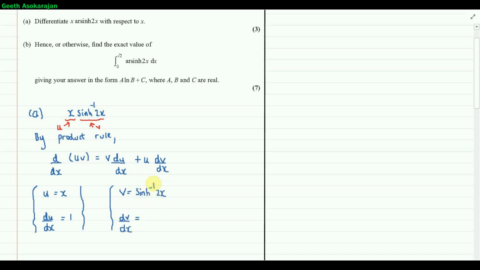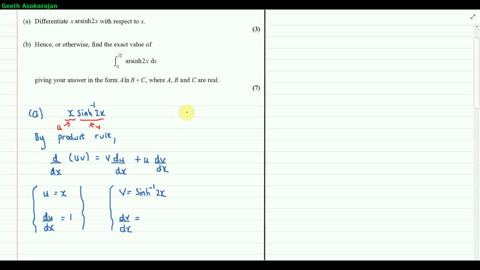If you're unaware of how to differentiate inverse hyperbolic sine terms, I have created a video in the past explaining the process along with added examples, and I'll provide a link in the description below.